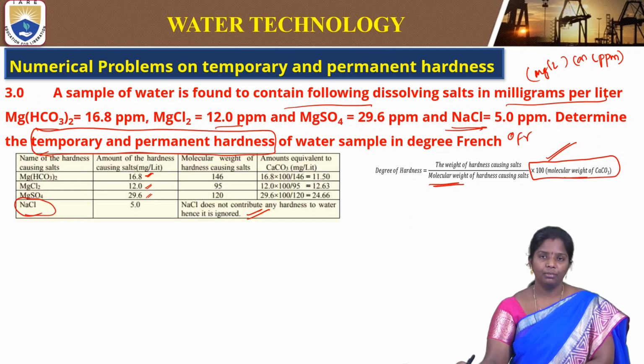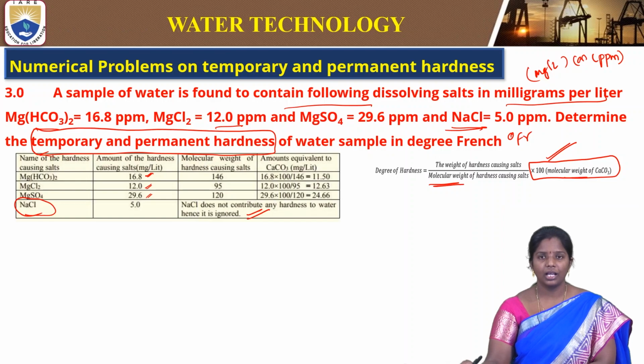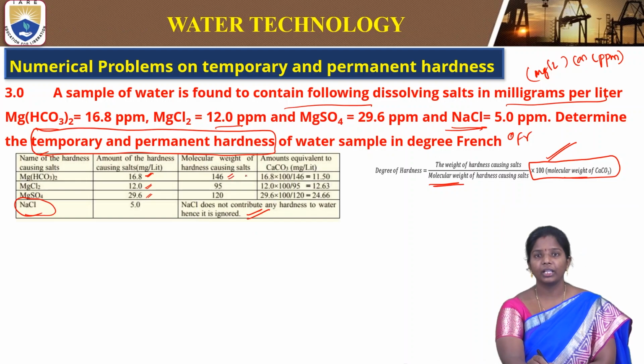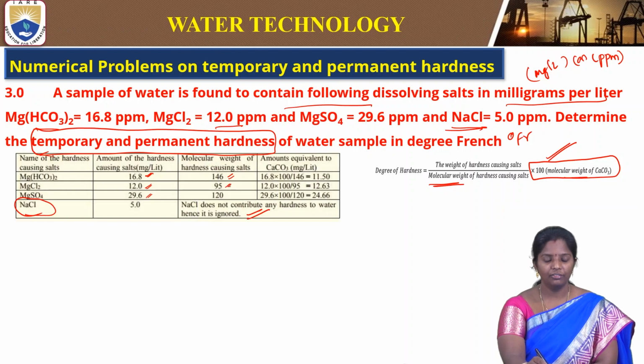Only the bicarbonates of calcium and magnesium, and the chlorides and sulfates of their salts, will cause hardness in a particular water. The molecular weights are 146 for magnesium bicarbonate, 95 for magnesium chloride, and 120 for magnesium sulfate.